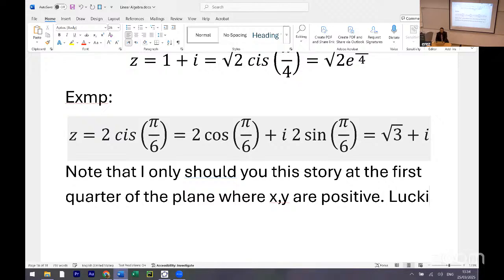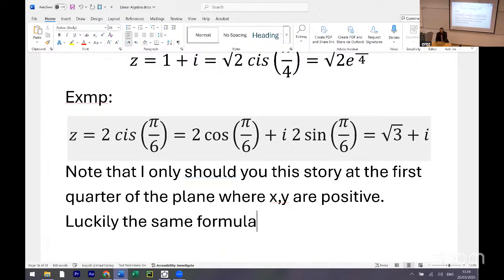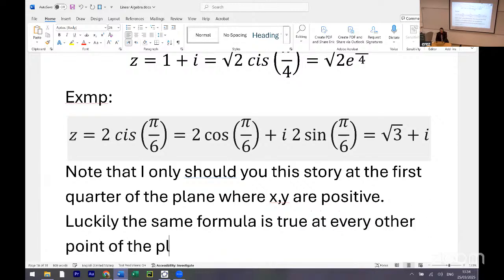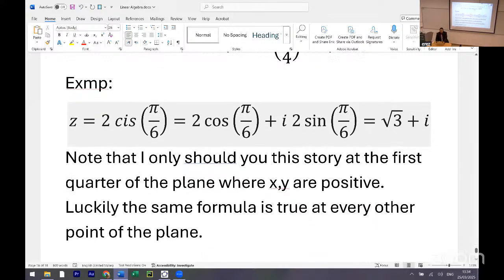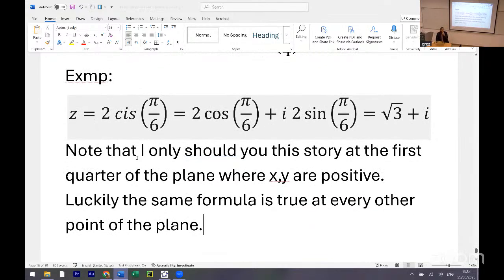Luckily, the same formula is true at every other point of the plane. You can take it as an exercise to prove, but it's definitely not a triangle anymore, because think about the angles.